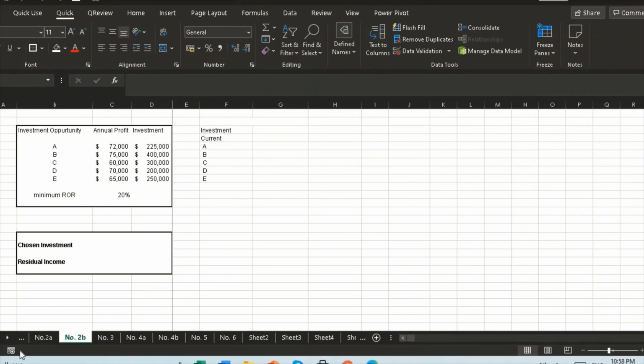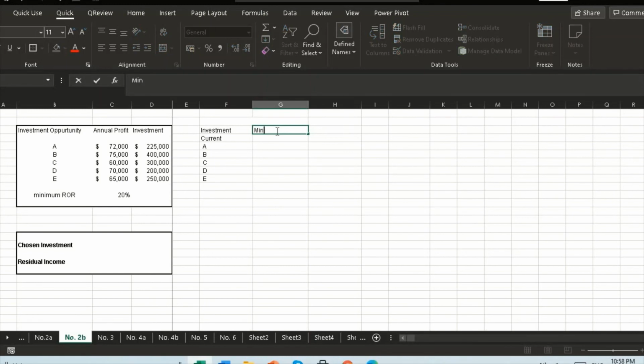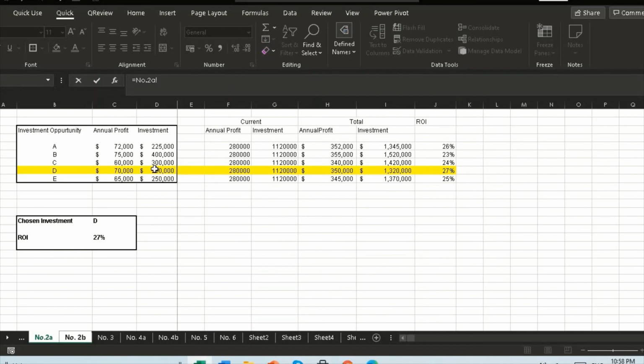To start solving this problem, we must first compute for the minimum return for each investment. The minimum return can be calculated by multiplying the minimum rate of return of 20% by the amount of investment in that project or the current project of the division.